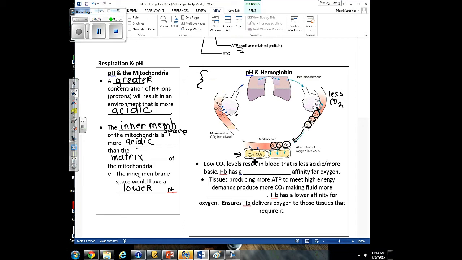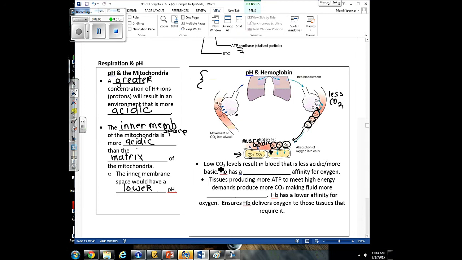So as that CO2 moves into the fluid surrounding the tissues and finally into the bloodstream, then we're going to get a drop in pH. Our blood is going to become more acidic in these areas. That, again, is going to alter the shape of hemoglobin, and hemoglobin is going to have less of an affinity for oxygen. That means that it's able to release the oxygen to these tissues that truly need the oxygen.